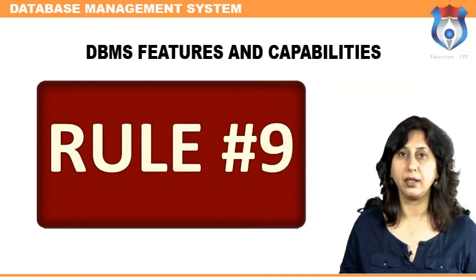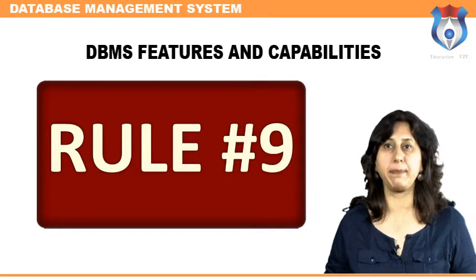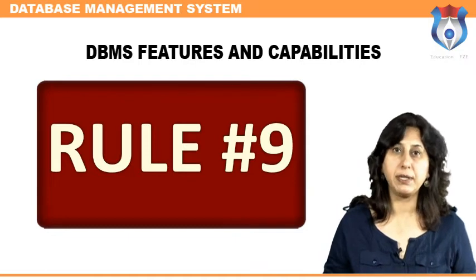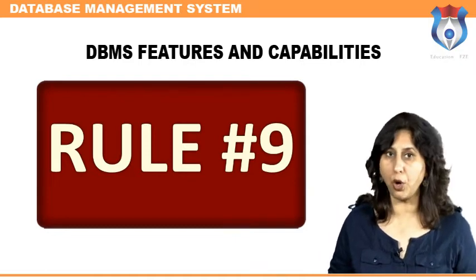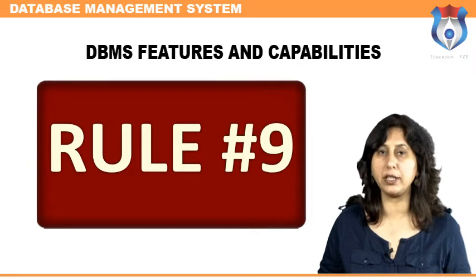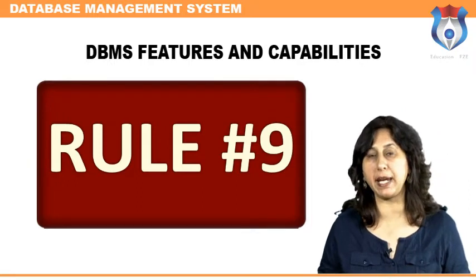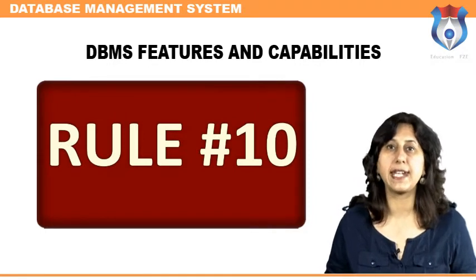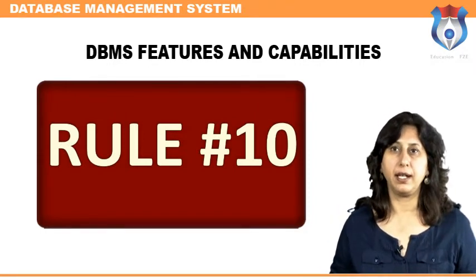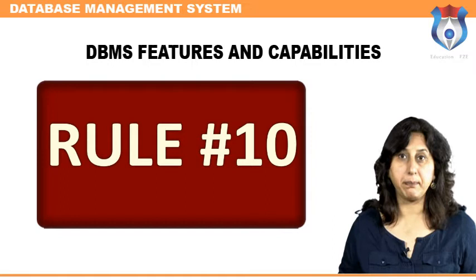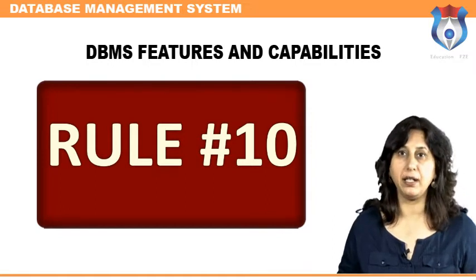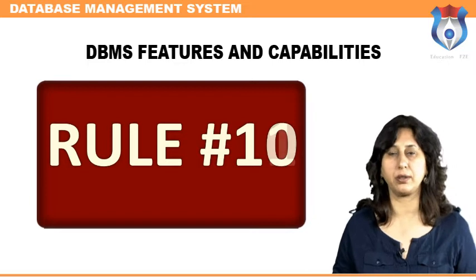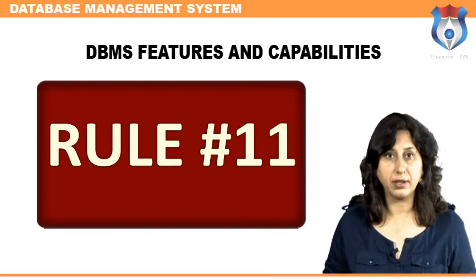Rule 9. Logical data independence. Changes to the logical level, tables, columns, rows, and so on, must not require a change to an application based on the structure. Rule 10. Integrity independence. Integrity constraints must be specified separately from application programs and stored in the catalog. Rule 11.